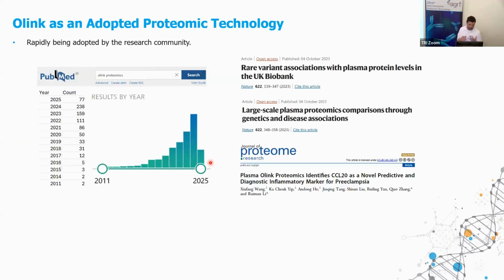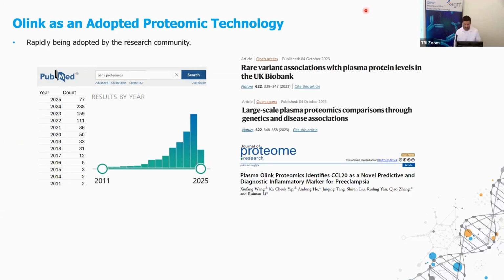And finally, I just wanted to mention that with some of these technologies, it's often easy to view them as a flash in the pan fad. I don't think at all that that's the case with Olink, and the adoption is quite significant, not only by the proteomics community, but also by the broader research community.